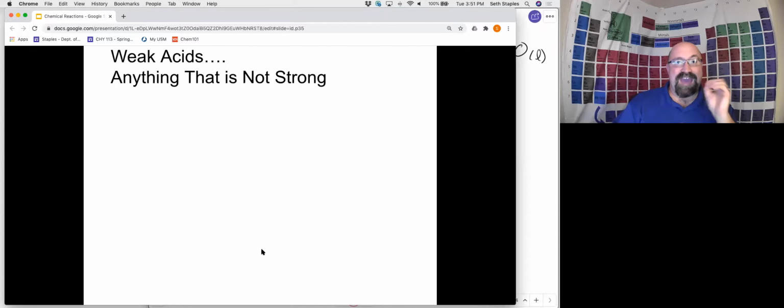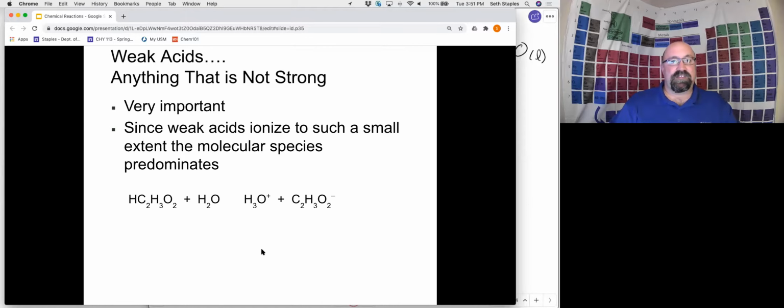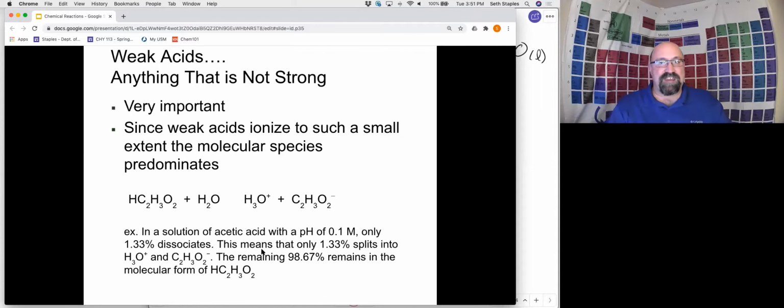And so a weak acid, any acid that's not strong, is a weak acid. So it's important to note that. And since weak acids ionize to just such a small extent, really it's mostly the molecular species which will predominate.